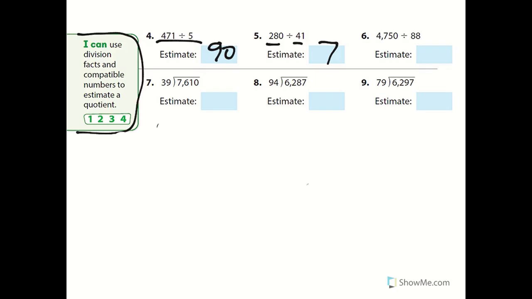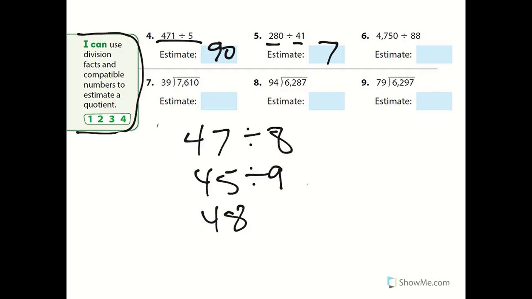All right, so if I'm thinking math facts, 47 and 8, what are numbers that are close to that are math facts? I got 45 divided by 9, right? Or you can divide 48 by 8. That's going to be 6.